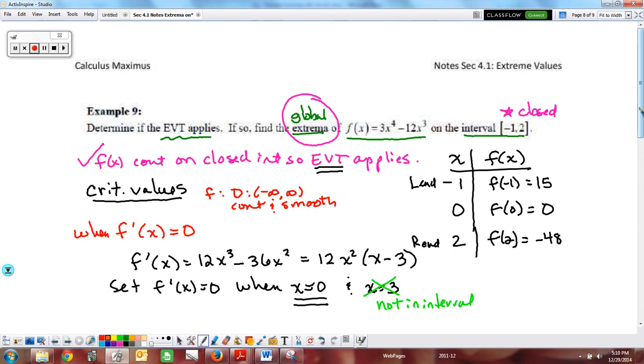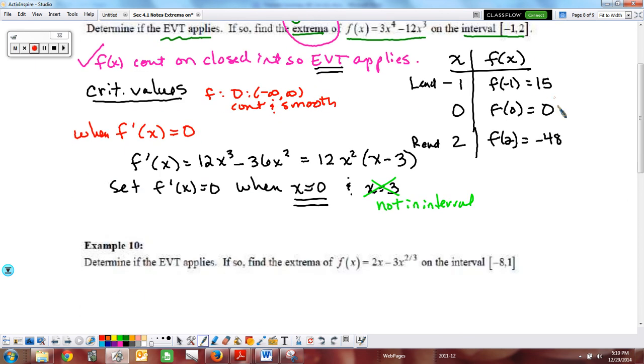This is how easy this is. We look at our chart and ask, what's the largest? Here's the largest, so that's my global max. I look for the smallest, that's my smallest, so that's the global min.